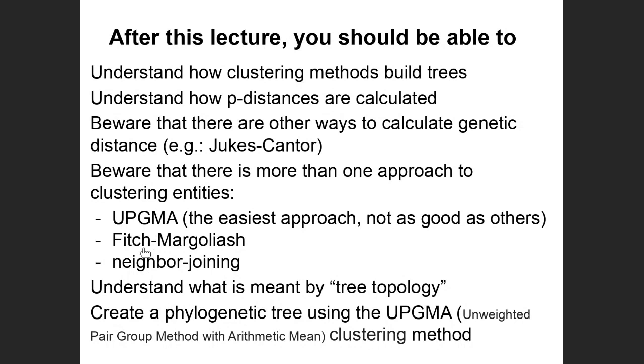I'll show you examples of these just so that you have some idea, but we're not actually going to calculate them. The reason I show you these names is that when you are running software, if you run into these names, I want you to know, oh, different ways of clustering. So you don't freak out, like, I have no idea what this is talking about.